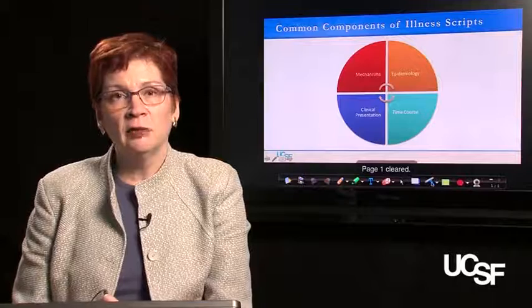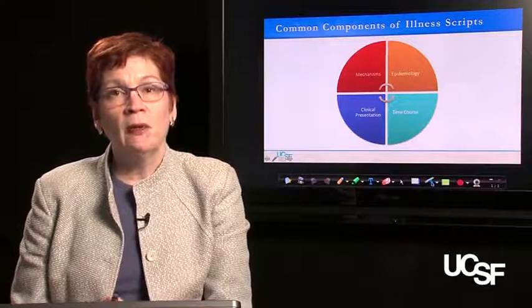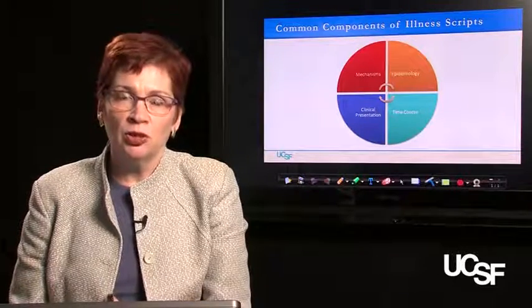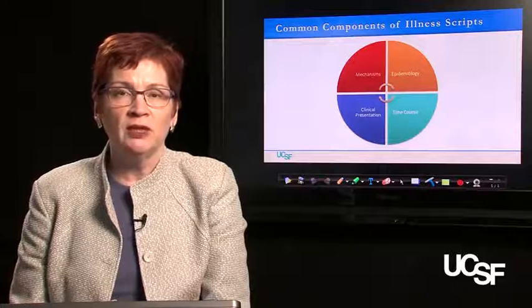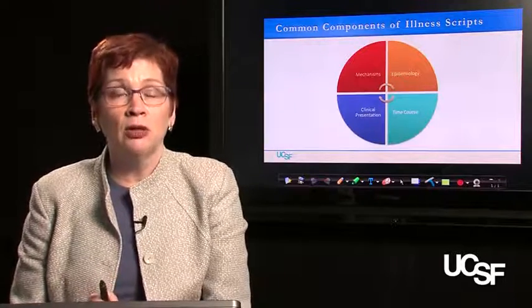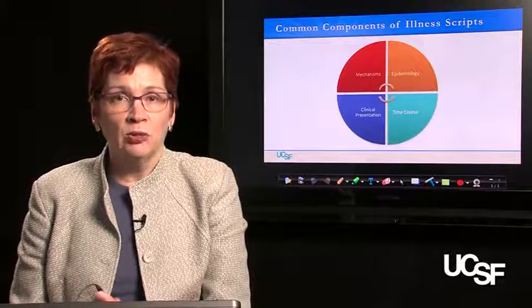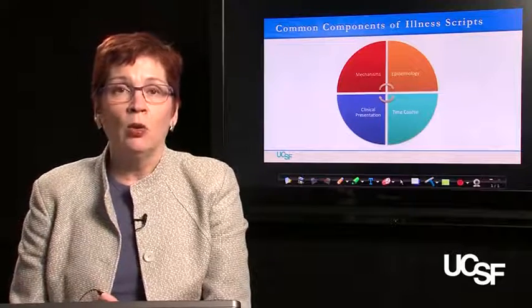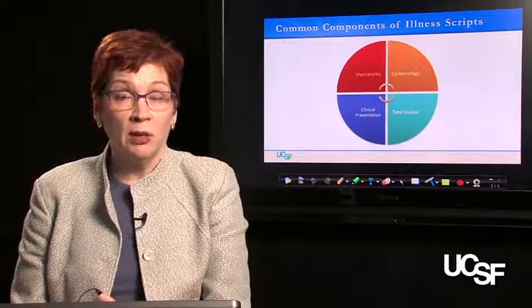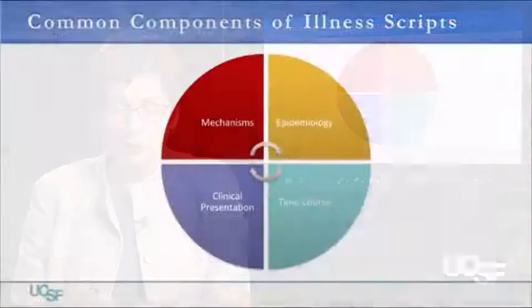And we introduced the concept of illness script, which is the package of information that experts use to store knowledge about specific diseases within their brains. All of these connected in an intricate neural network that allows the expert to compare and contrast easily when patients present with symptoms that might suggest one of many diseases.